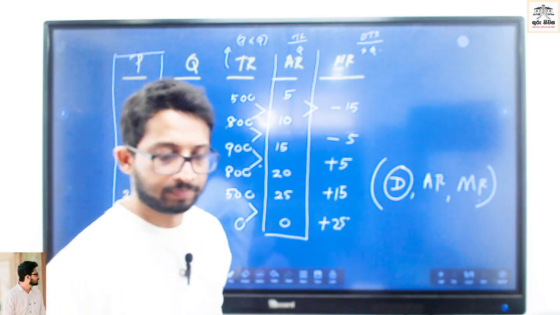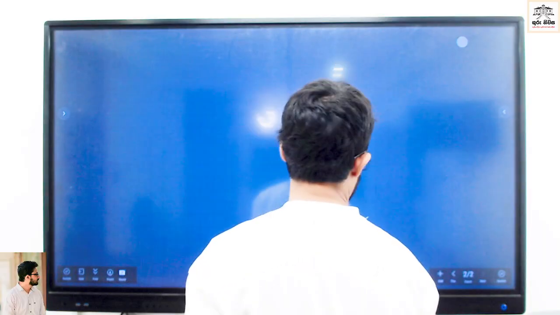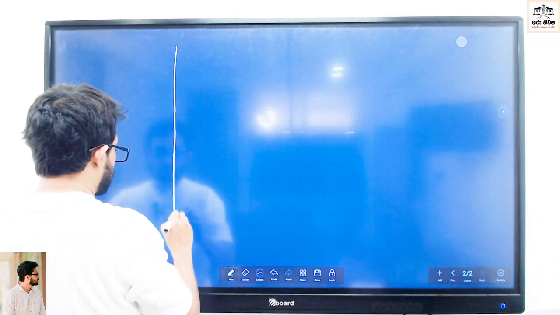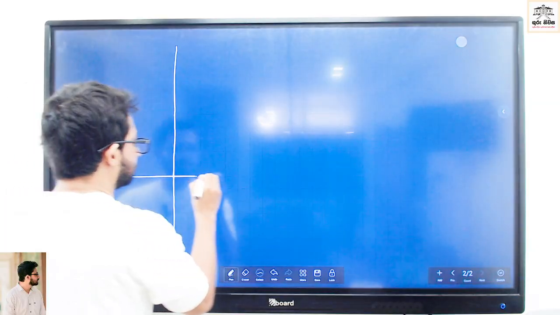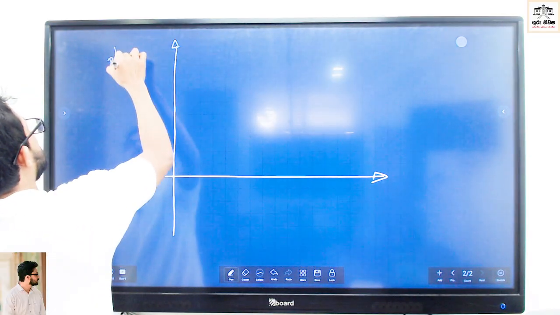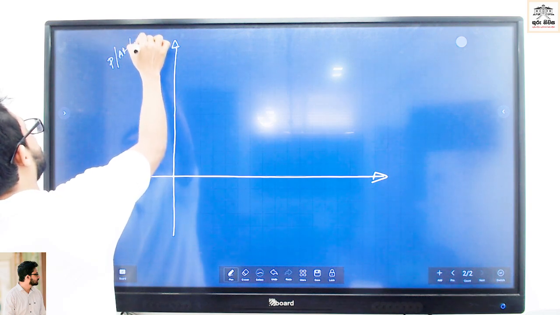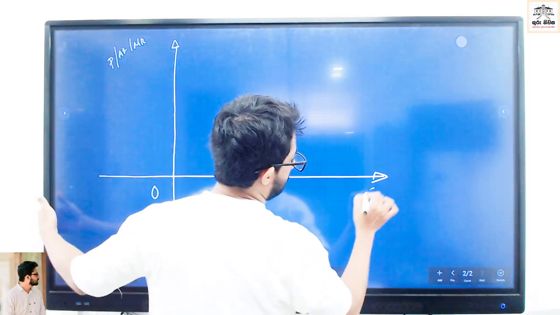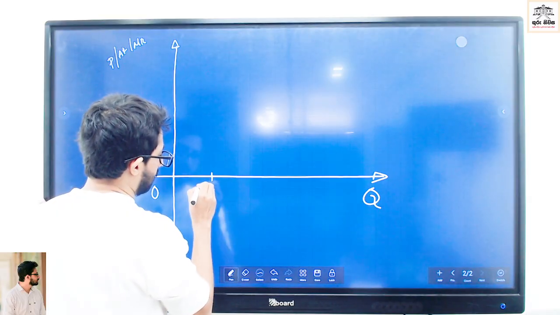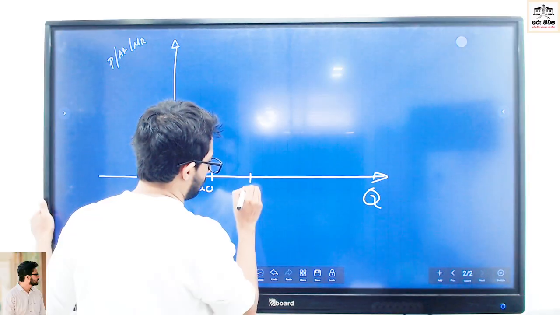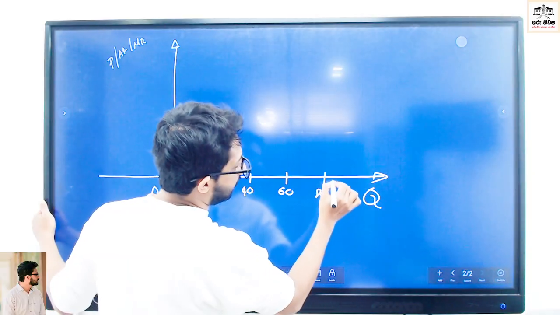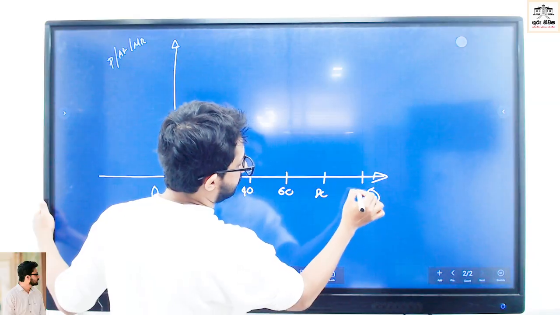Okay, Lamai. But here there should be a minus sign because MR is minus. Price, AR, MR. Here quantity. Quantity changes 20 by 20, right? 20, 40, 60, 80, and 100.